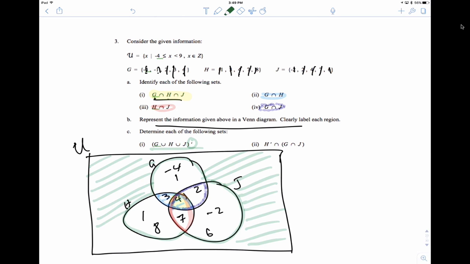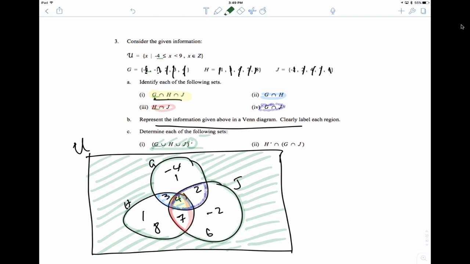Everything that is not all three of them. How about that?